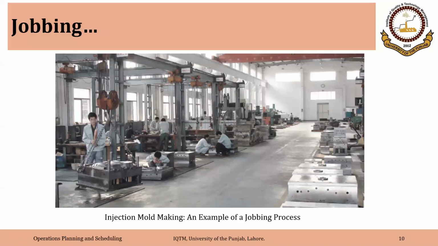Some lathe work might be required. So there are some general purpose machines that are required to make any die and mold, but depending upon the size of the mold, the number of cavities and some other features, if someone of you is from a mechanical background, he can understand it better. So depending upon these factors, the time spent by each mold on different machines will be different. So that is an example of a jobbing process. The shop or the organization that makes molds and dies is an example of a job shop.